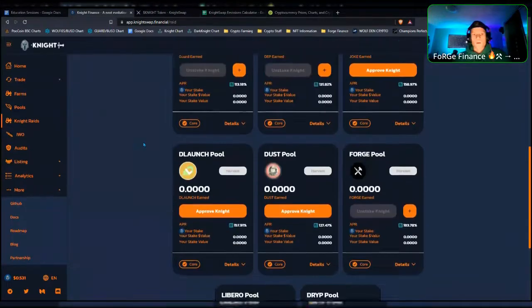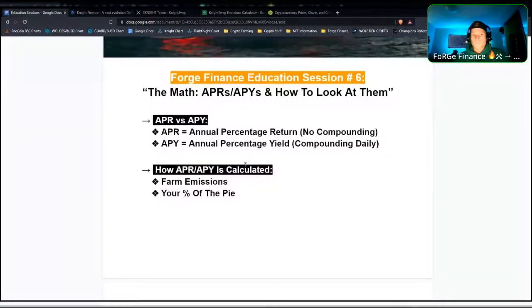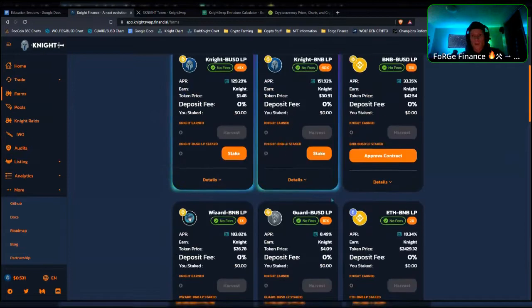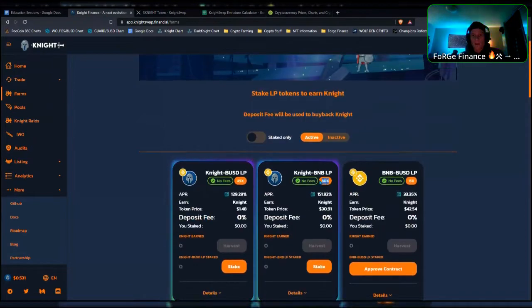Okay, so it was a little bit of a tangent, but let's talk about APRs, APYs. Okay, so how are APRs and APYs calculated? So to get into this, we first have to understand how a DEX works and what these multipliers are. You'll see next to these, next to the farms, there's a little orange oval that has a number in it.